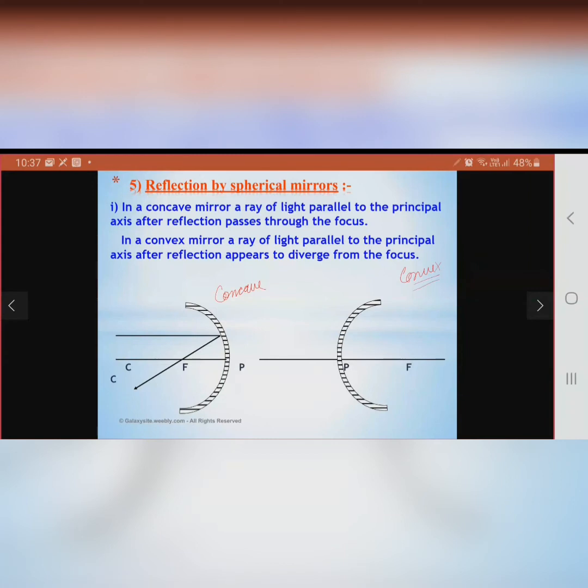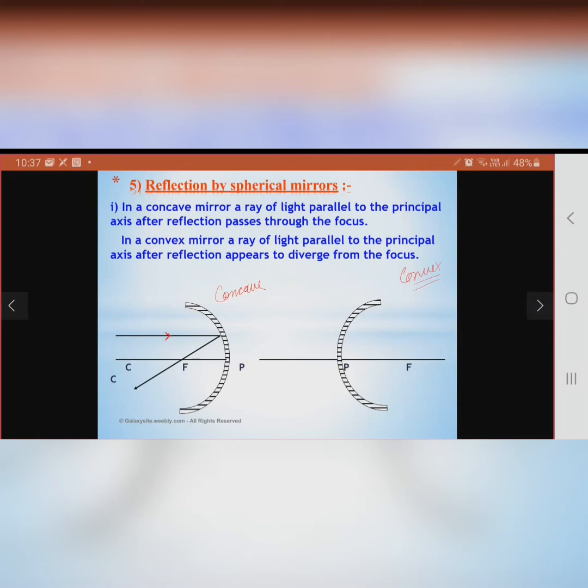Now, rule number one. Whenever a ray is parallel to principal axis, after reflection from the mirror, this ray will always pass through the focus of the mirror. It is mandatory.